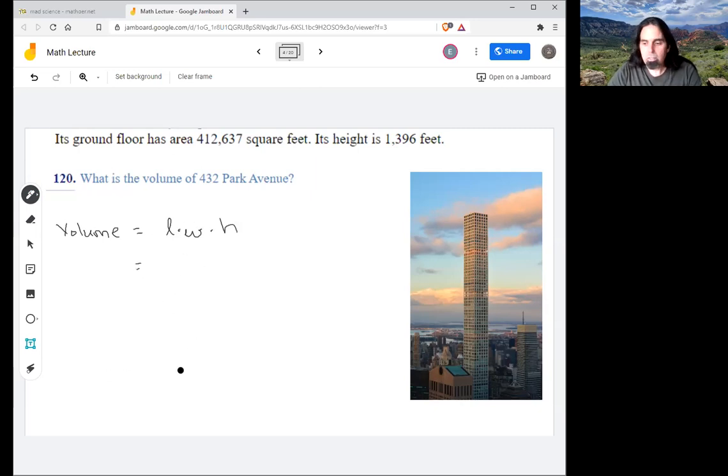How do I plug things in this time? Space that out a little while you're thinking. Nobody told me the length and the width individually.